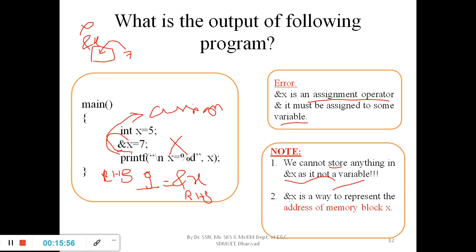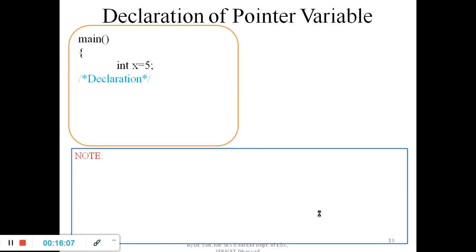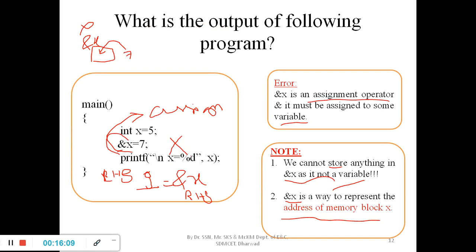Second important point: &x is a way to represent the address of the memory block, not a variable.